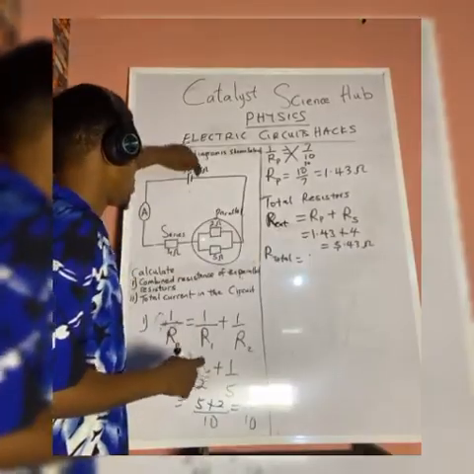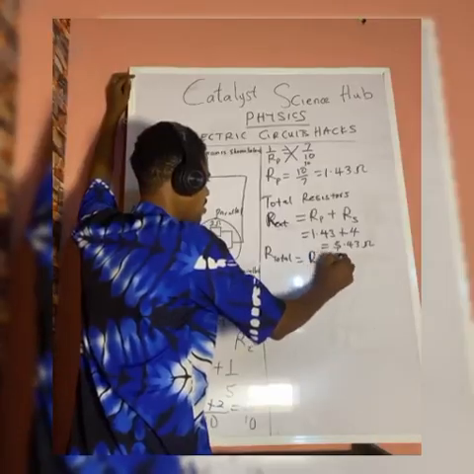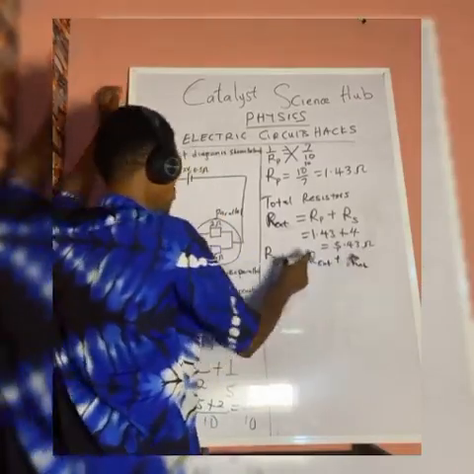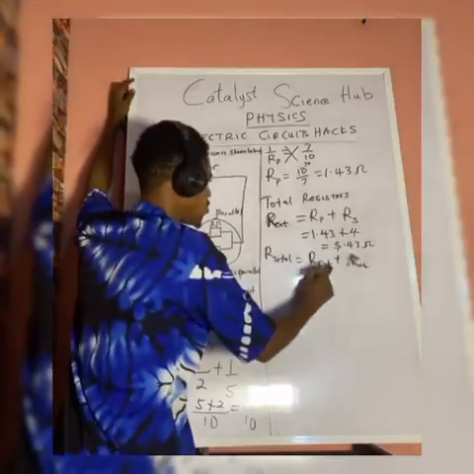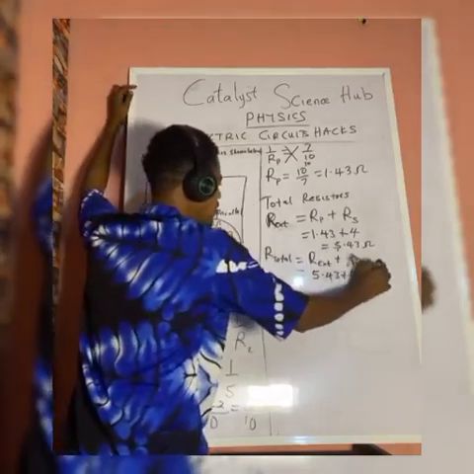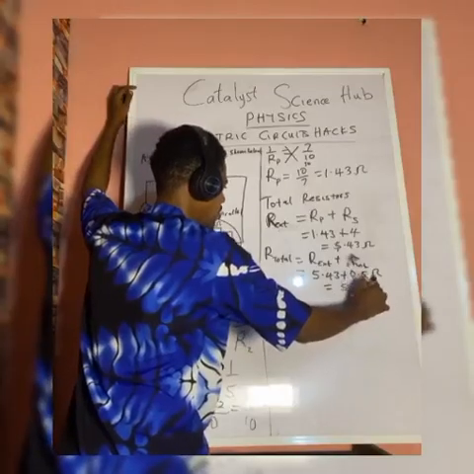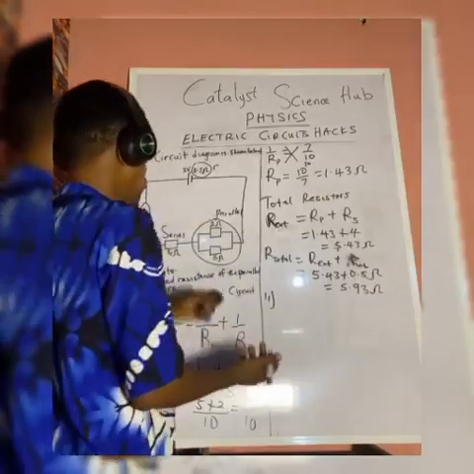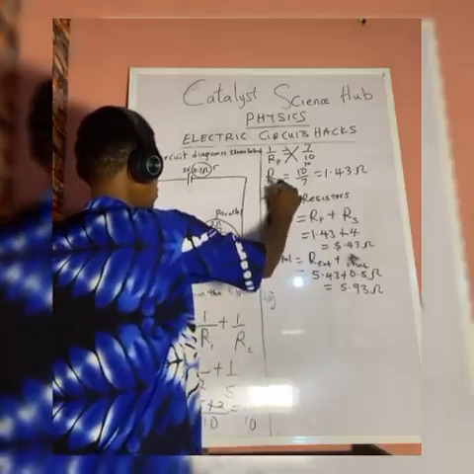This one is the internal resistor, small r. So R total equals R external plus small r. We have 5.43 plus 0.5, which gives 5.93 ohms. We are going to use that for this aspect.